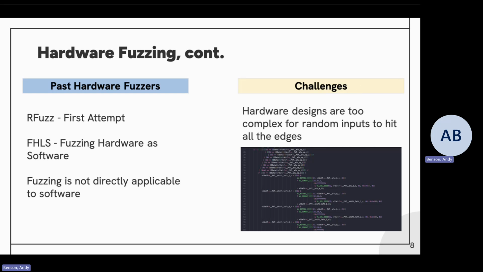To guide its mutations, RFuzz made use of MUX coverage to identify if a new multiplexer was hit or not. For those unaware, a multiplexer is simply a piece of circuitry that selects a single output signal from a given selection of input signals. In RFuzz, seed inputs are considered interesting if they hit new multiplexers, so these seeds will get further mutated.